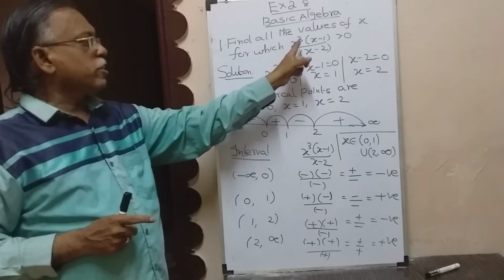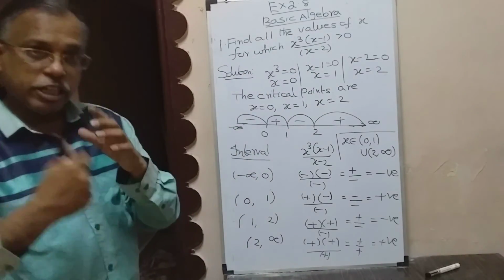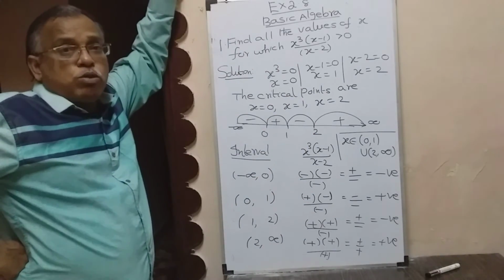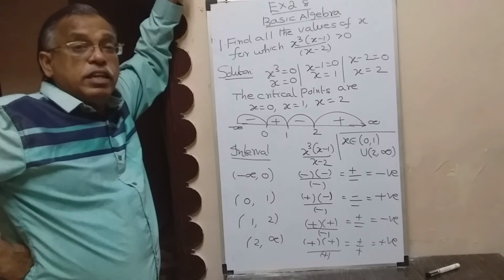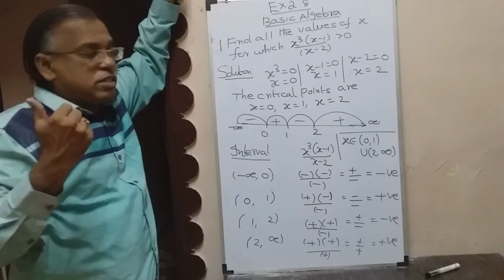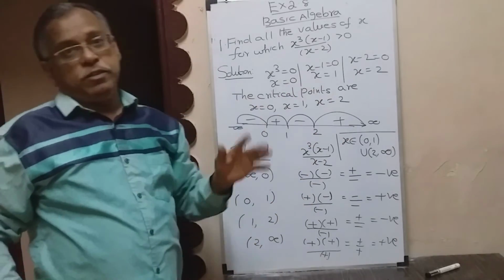First, you have to equate the numerator separately to 0 and the denominator separately to 0 to get the critical points. So, by using these critical points, divide the real number line into intervals. Then every x value will be covered.